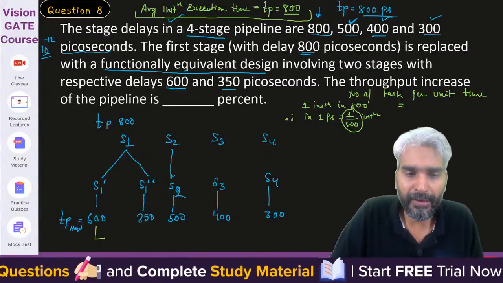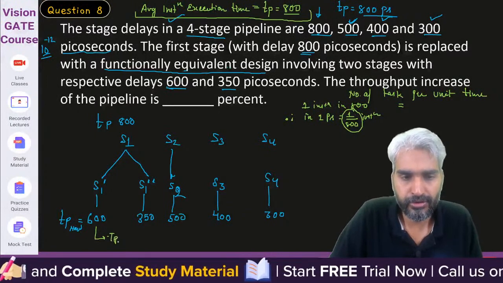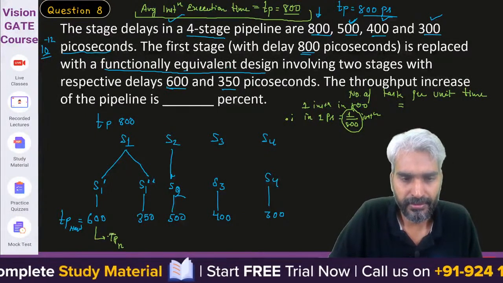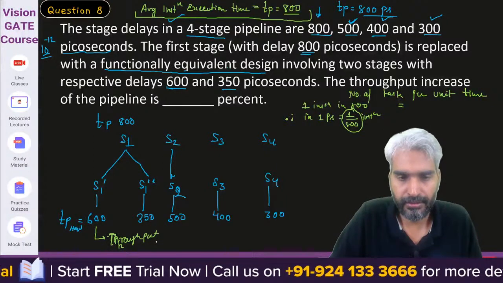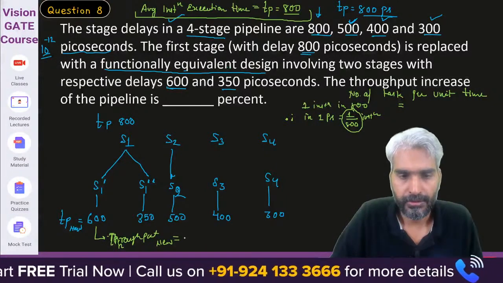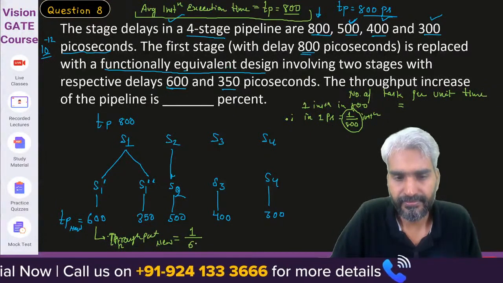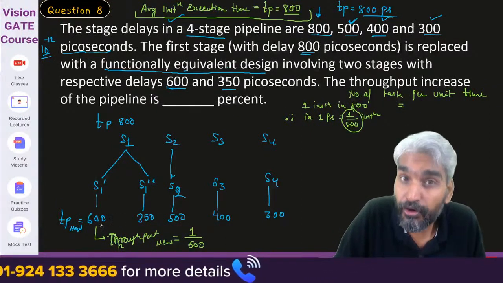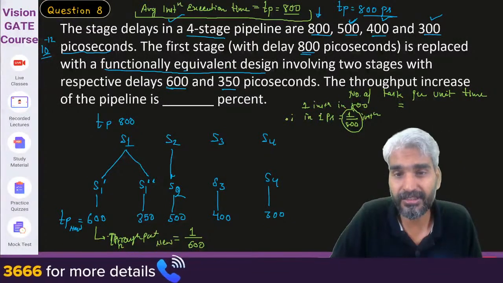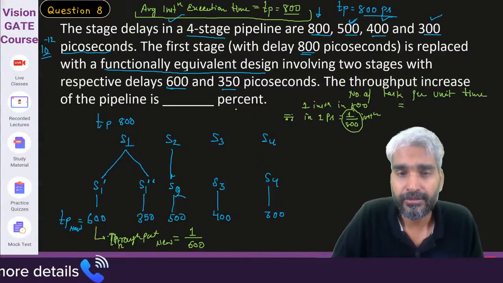Now, for the new pipeline, the throughput will be 1 upon 600, because one instruction can be executed in 600 time units. Therefore, in 1 time unit, 1 upon 600 instruction is the new throughput.